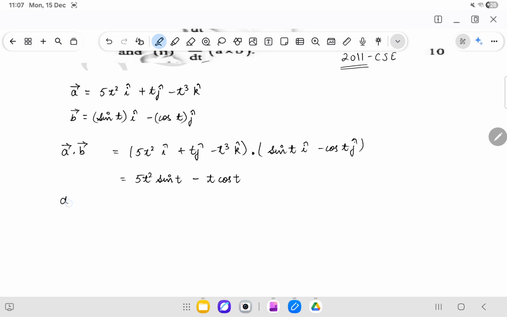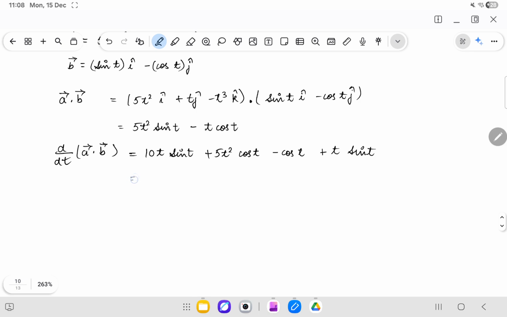And if I differentiate it with respect to t, I'll get 10t sin t plus 5t square cos t minus cos t plus t sin t. So it will be equal to 11t sin t plus 5t square cos t minus cos t.